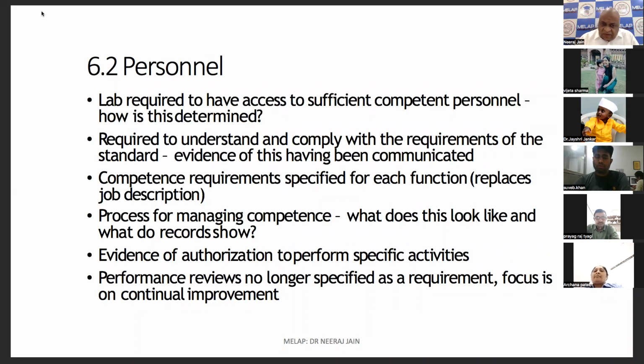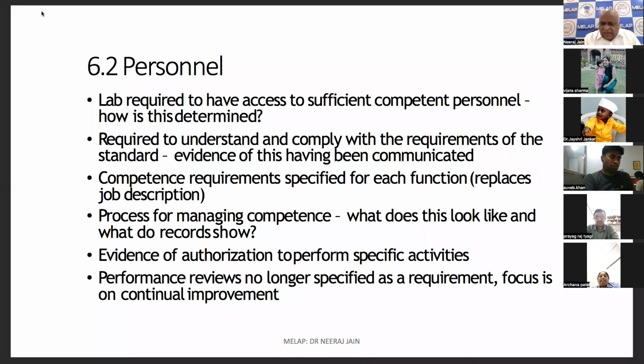Most of the requirements in personnel are the same as the previous standard. And as I said, they are talking about authorization, evidence of authorization to perform specific activities. Previously, there was one requirement, performance review.